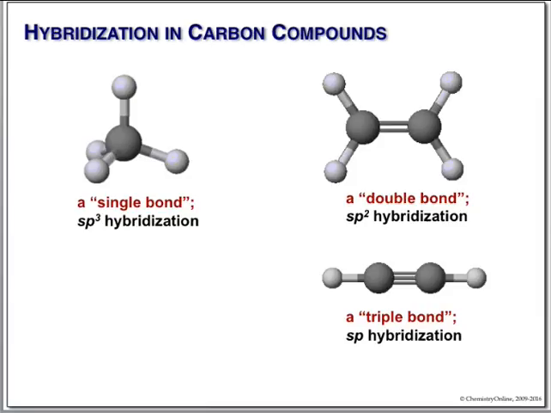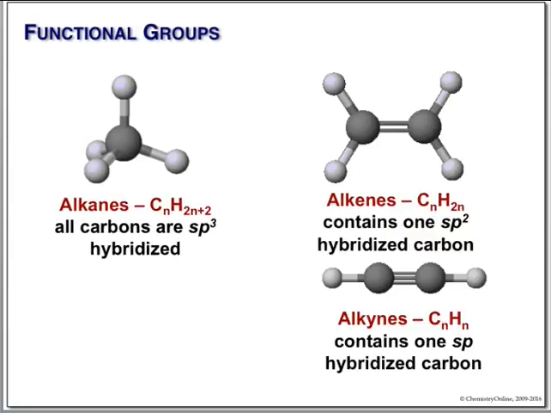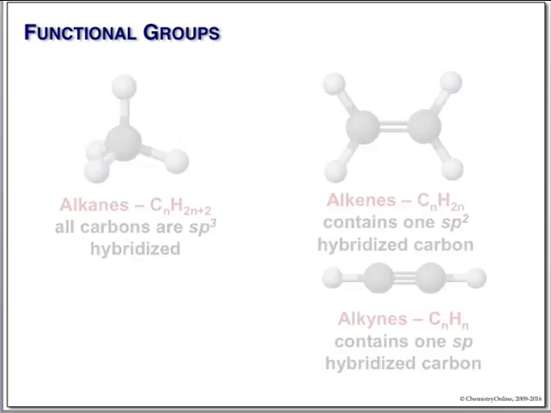We've had single bonds, double bonds, triple bonds. The functional groups for these are alkanes, alkenes, and alkynes. Now we're just going to quickly run through a bunch of functional groups that are representative, and I'll point out the ones we need for biochemistry.